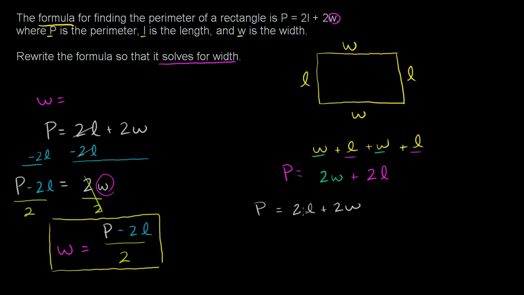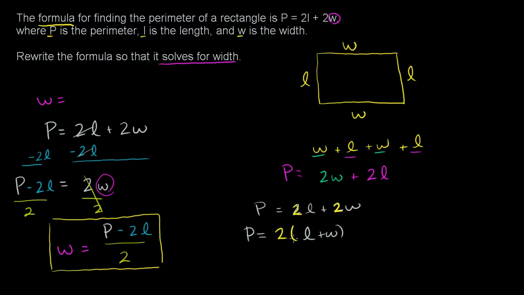On this right-hand side, what if we factor out a 2? You have a 2 here, and you have a 2 here. So you can imagine undistributing the 2. So we would get P is equal to 2 times L plus W. This is an equally legitimate way to do this problem.